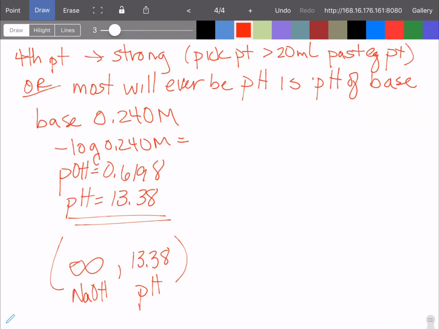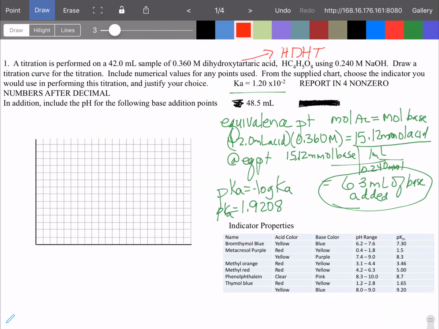So if we go back to our original graph, then it's asking us to graph the points. So here is my pH. Here are my milliliters of base added. Now, you want to make it as big as possible. Sometimes that doesn't work. We know our endpoint is 63. So if we look at it, 5 is going to be the best.